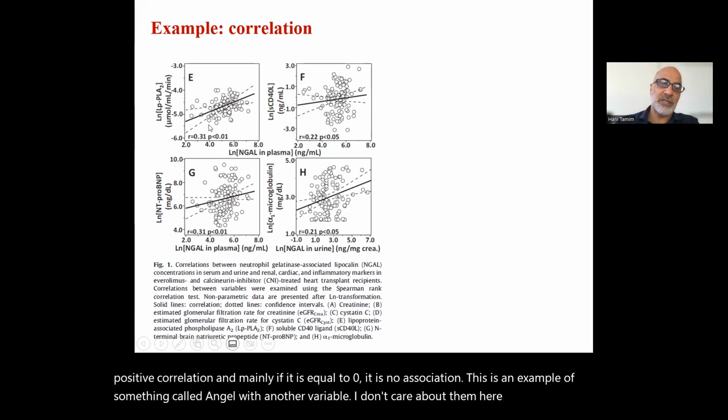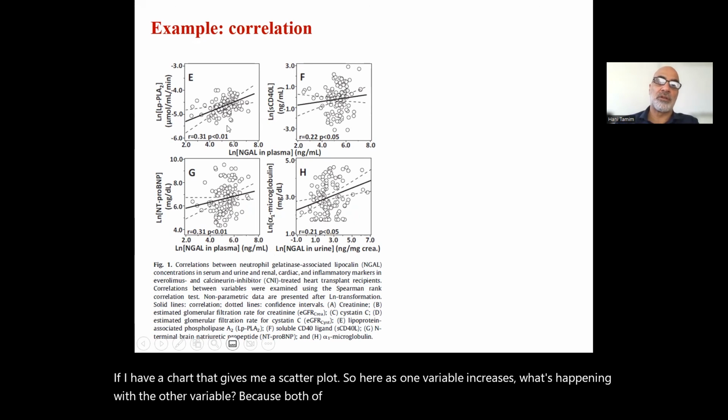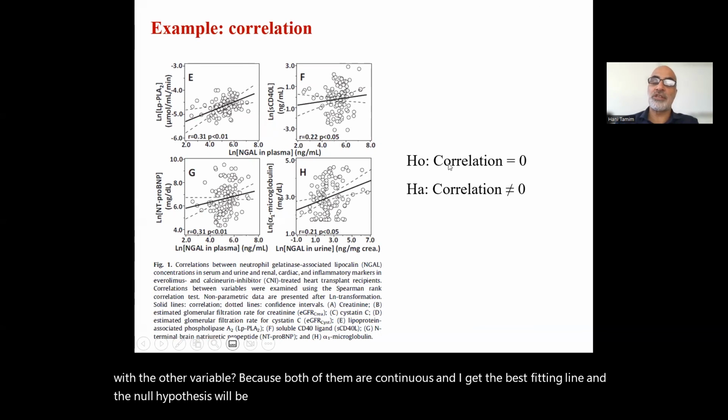Here in this first graph, I have a chart that gives me a scatter plot. So here, as one variable increases, what's happening with the other variable? Because both of them are continuous, I get the best fitting line. And the null hypothesis will be that the correlation coefficient is equal to 0.